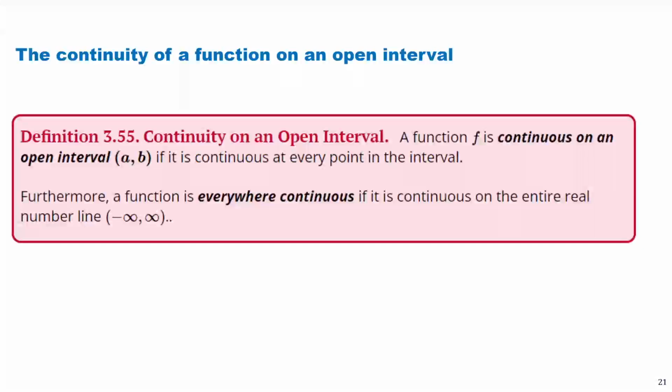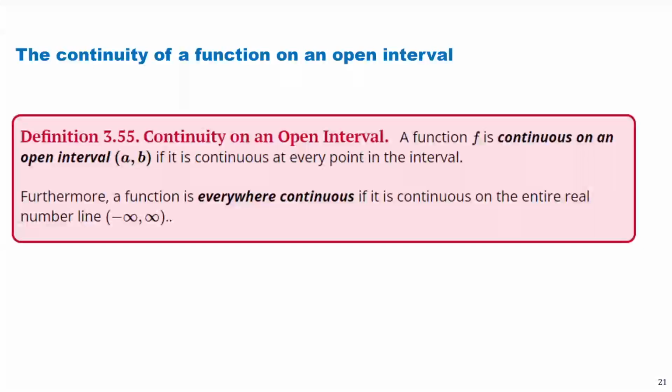A function f is continuous on an open interval (a, b) if it's continuous at every point in that interval. Furthermore, a function is anywhere or everywhere continuous if it's continuous on the entire real number line from negative infinity to positive infinity. You get it?